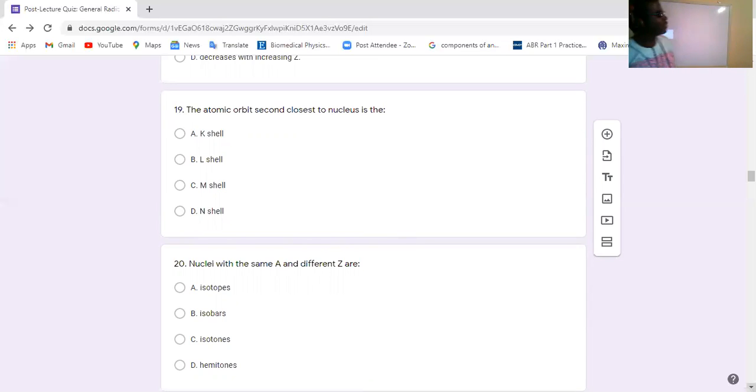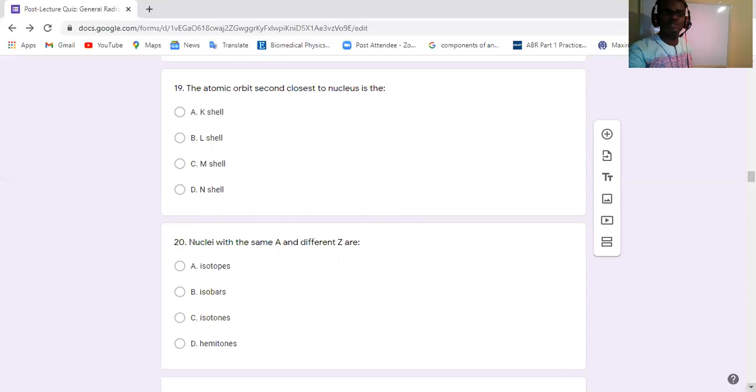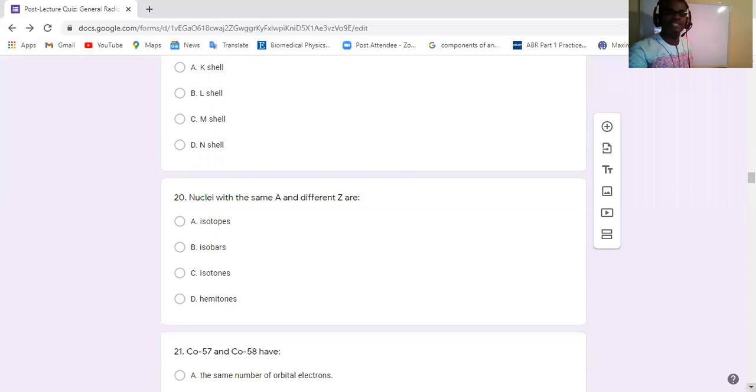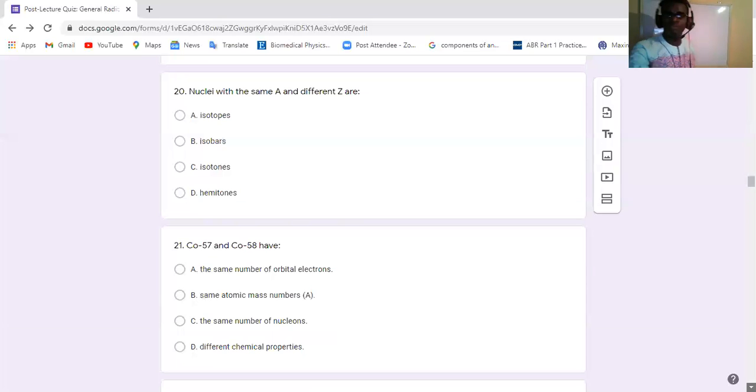It is actually K. K is the closest to the nucleus, followed by L, then M. That's the order that has been conventionally agreed.